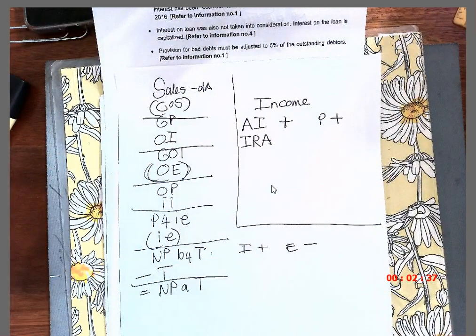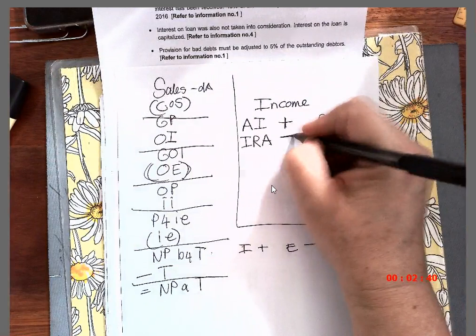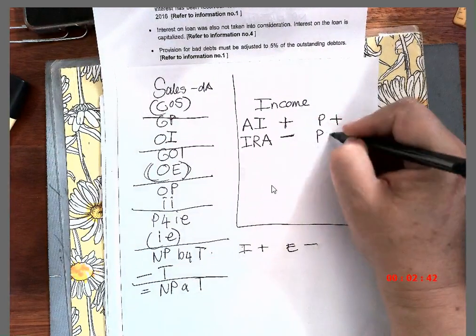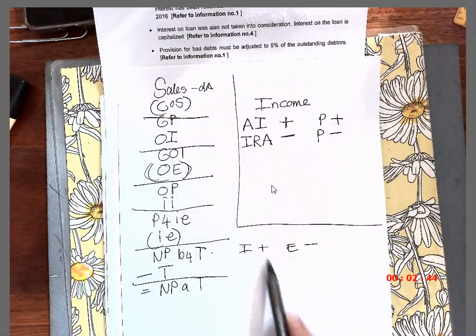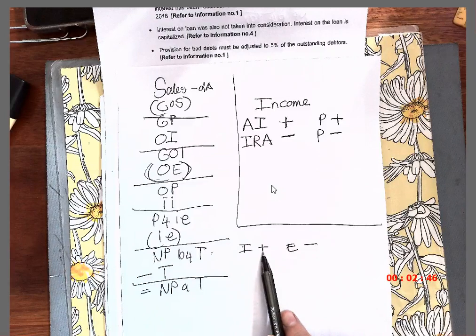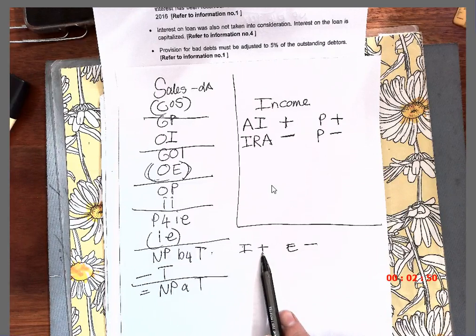It minus, future minus, meaning my profit will minus, because if my income becomes more, my profit becomes more, which means if my income becomes less, my profit becomes less. Okay, so income works with the profit.